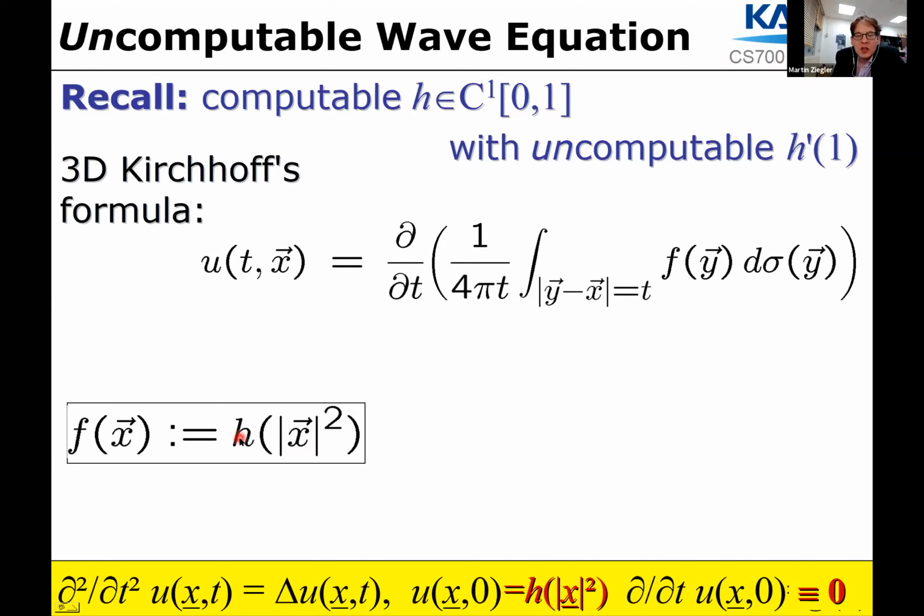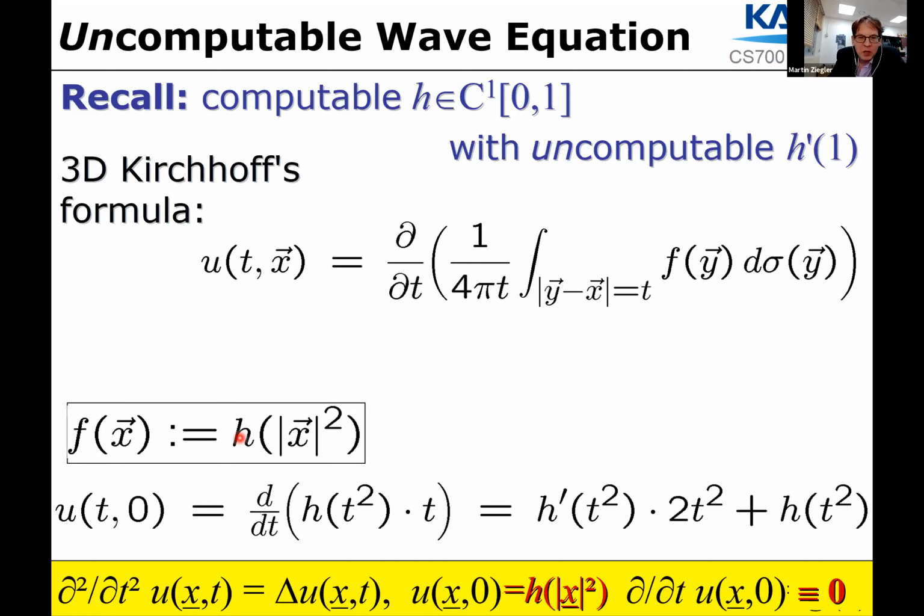Our initial condition depends only on the distance of the argument to the origin, not on the direction. It's a rotationally symmetric initial condition, and therefore the solution, of course, will be rotationally invariant. It depends only on the radius of the spatial argument.